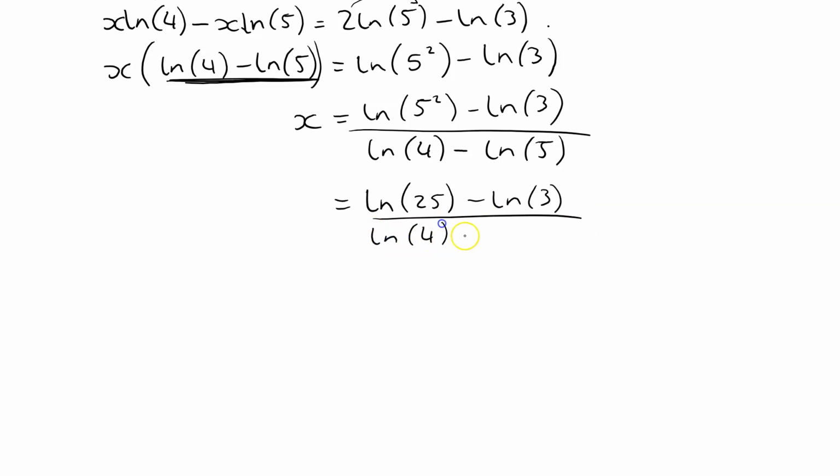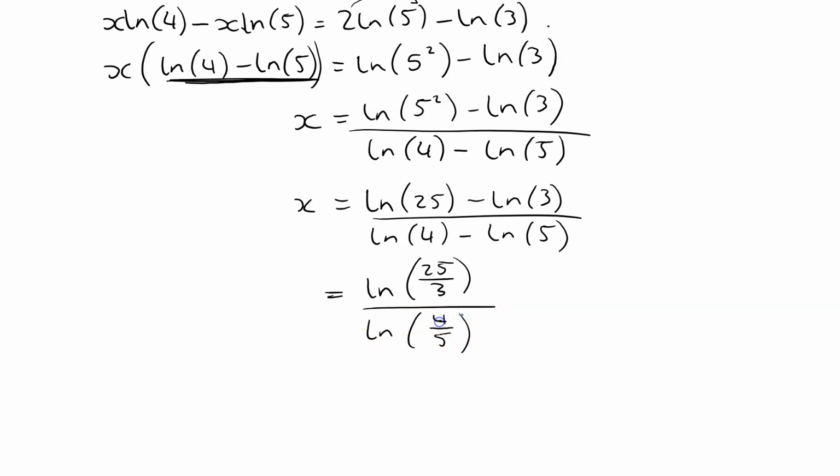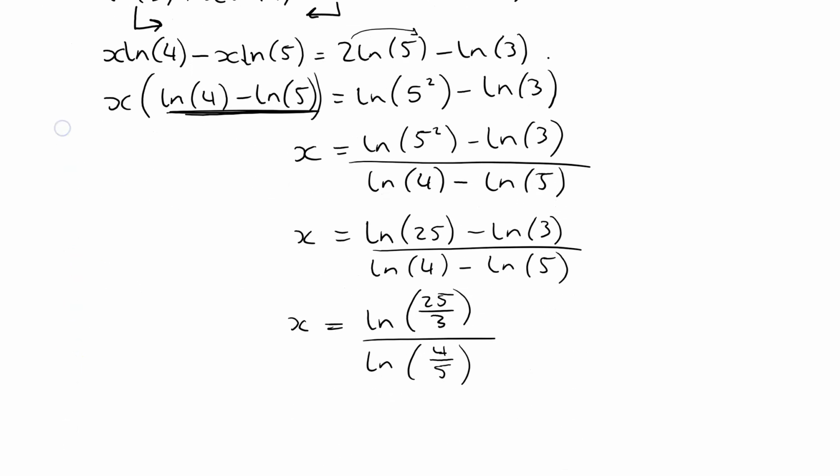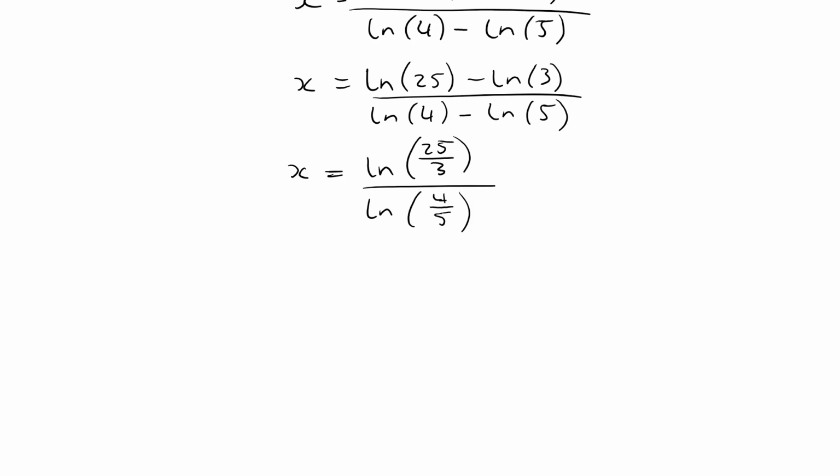Then I can use my log rules, because I know that if it's a log minus a log, or a ln minus a ln, I can write it as the division of the two of them. There we go, there's my answer. So quite a long-winded one, pretty much all the log rules going on there, but perfectly doable if you take it step by step.